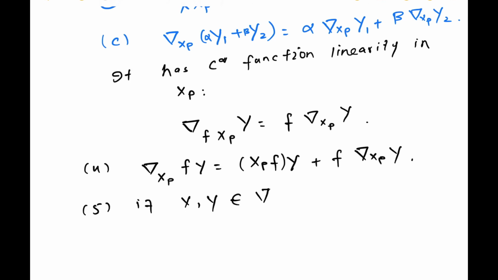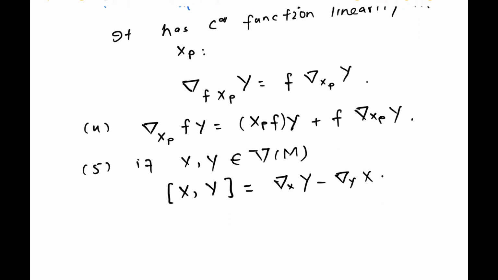If x, y belong to the vector fields on M, then the Lie bracket of x and y will become equal to del x y minus del y x. And what is this bracket [x, y]?